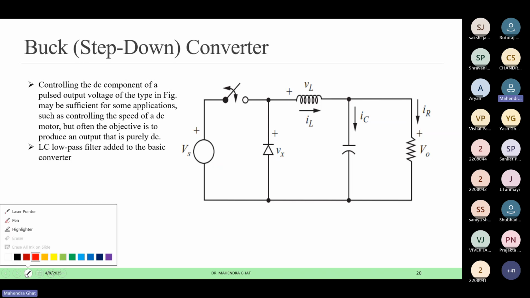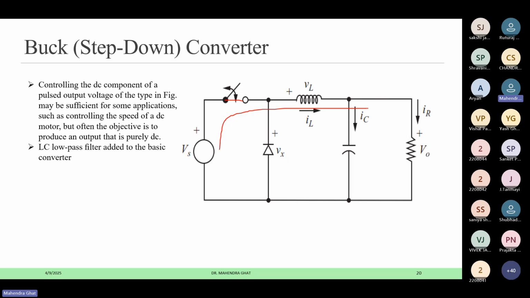From an operation point of view, yesterday we saw that whenever this switch is closed, the source is connected to the output load through the inductor, and current will flow in this direction. This is the path where the current flows when the switch is closed.